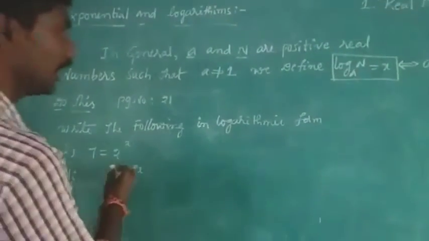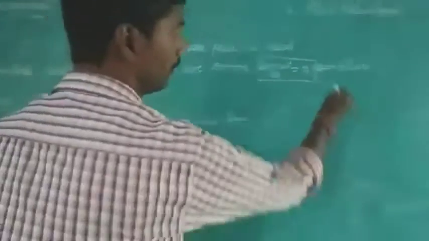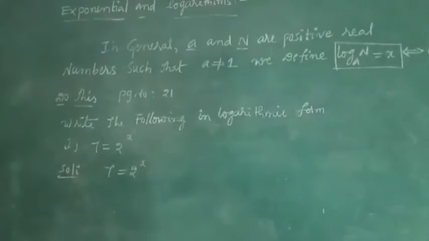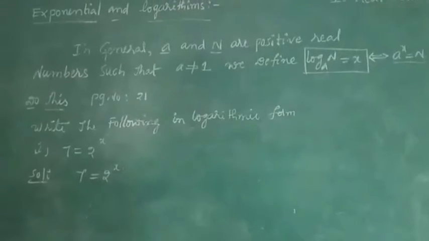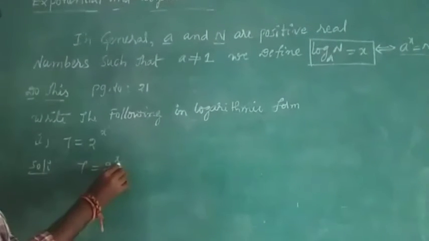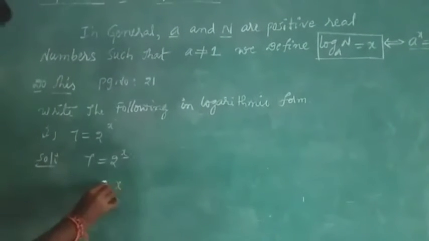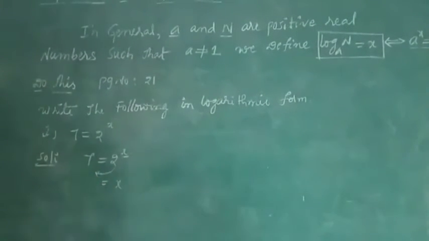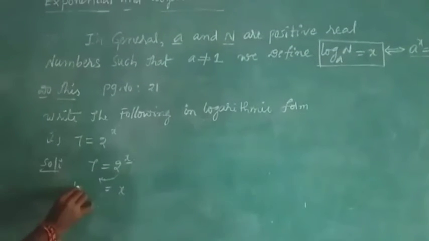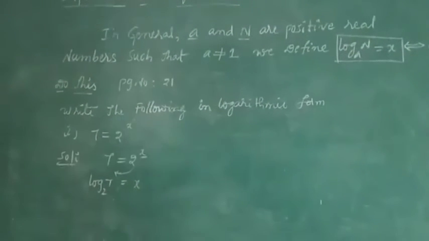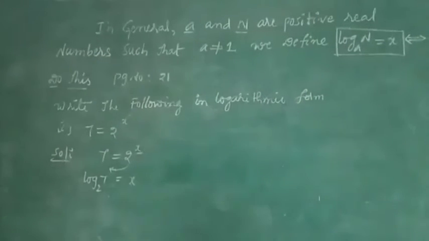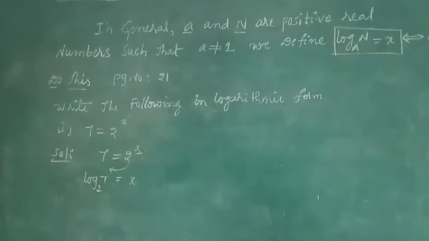The given question you need to write in logarithmic form. It is given like this: a to the power of x is equal to N. You can write it in logarithmic form. How can you write it? You write the x here, and this 2 you are transposing. Then it will become log base 2 of 7.